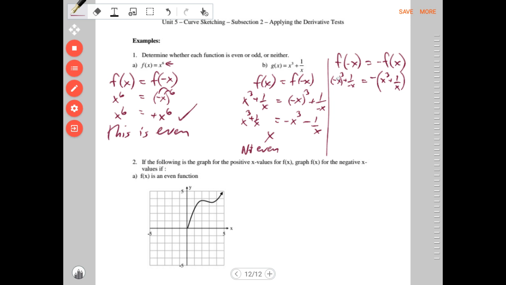Okay, so let's see. Negative x cubed is just negative x cubed, and then that negative sign flips up, so it's minus 1 over x. If we distribute that negative in, we get negative x cubed minus 1 over x. Oh, wait a sec, those are the same. So this is an odd function.